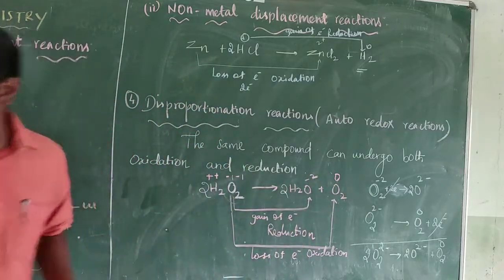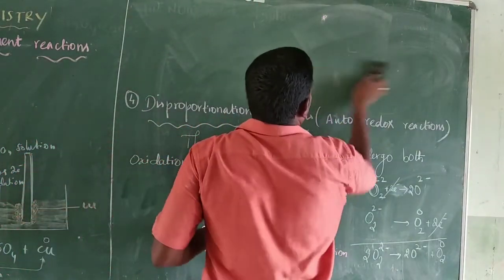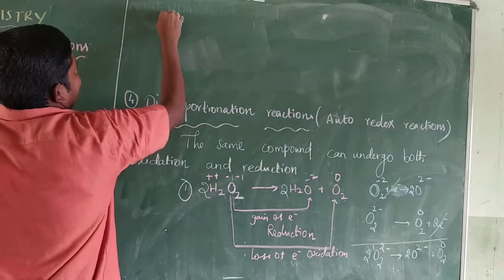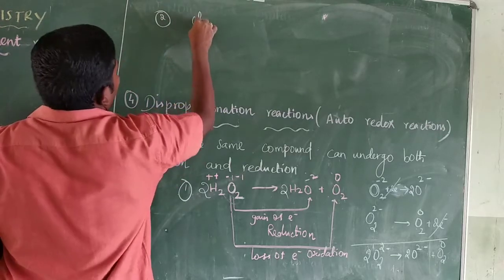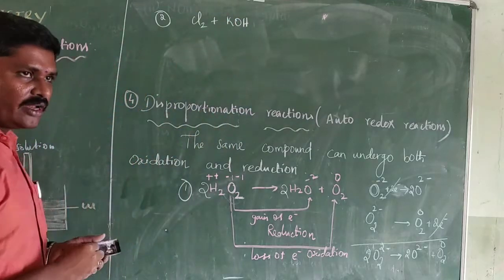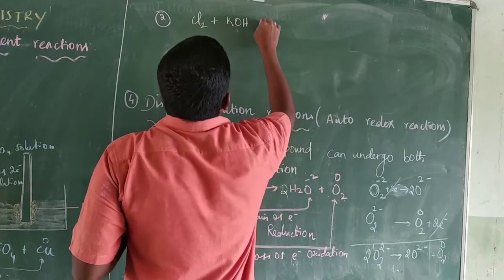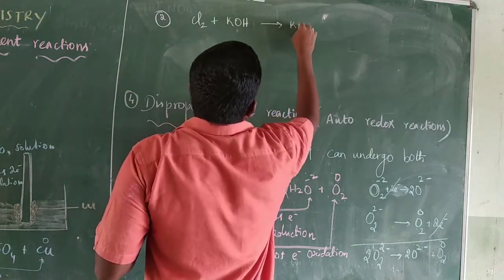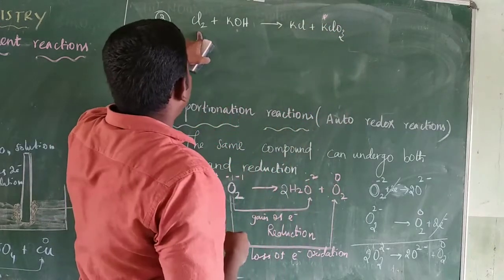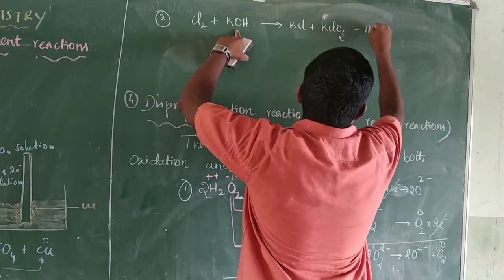Correct? So another example, the second example. Chlorine reacts with potassium hydroxide to give potassium chloride and potassium chlorate plus water, H2O.